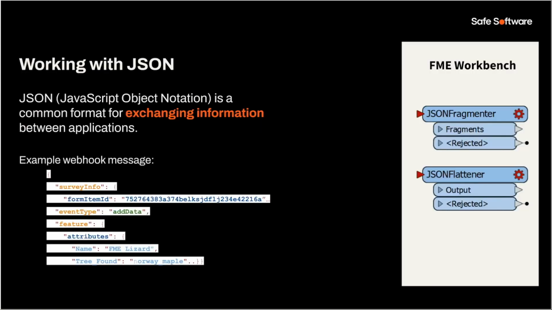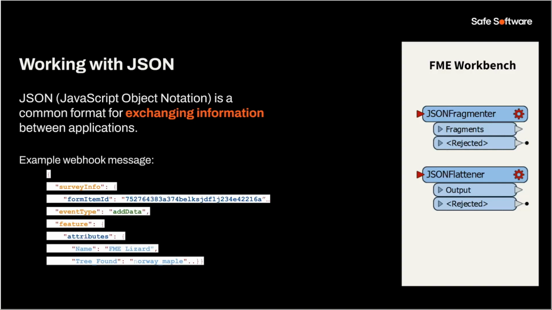We just wanted to include a little primer on JSON in case you're not familiar with it, because we see a lot of it when we're working with webhooks or really any kind of web-based workflow. JSON is the most common data exchange format, and there's a little sample of it here. If you look past all of those brackets and colons and formatting, it's really just a dictionary that is describing the data.